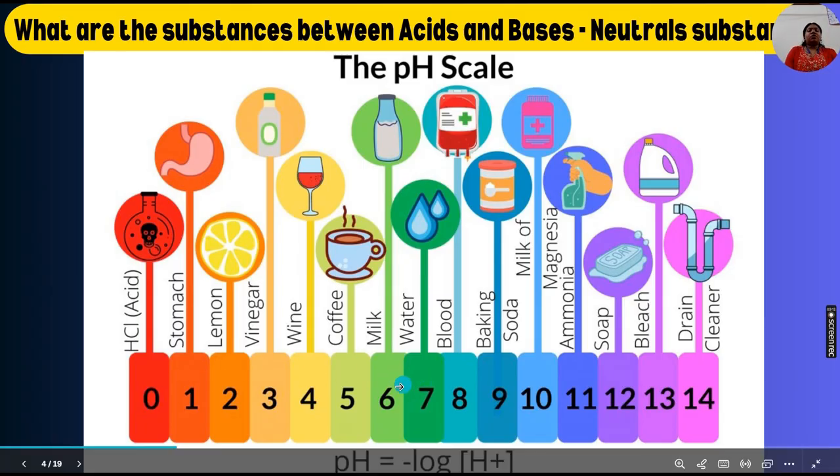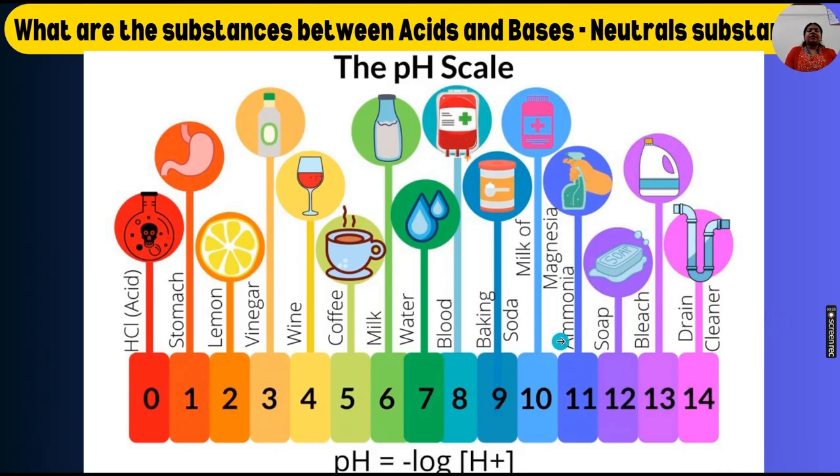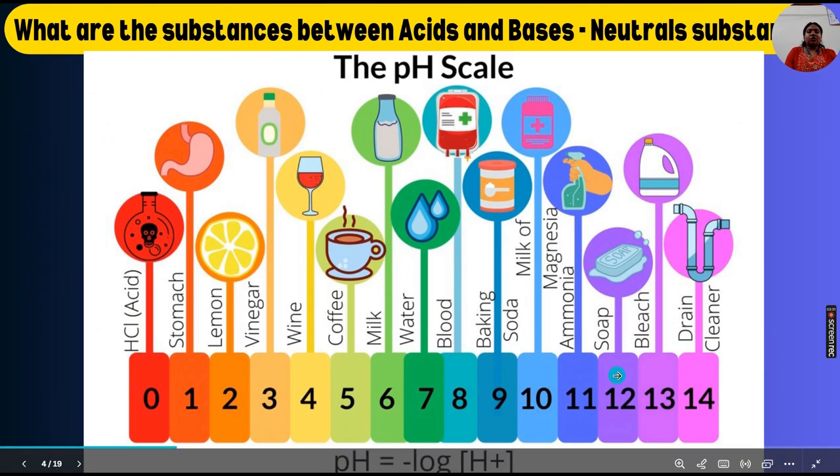From 0 to 6.5, all of the common household substances are acidic in nature, and above 7.5 to 14, all of them are basic in nature. You can see the example: lemon is 2, and soap is 12.